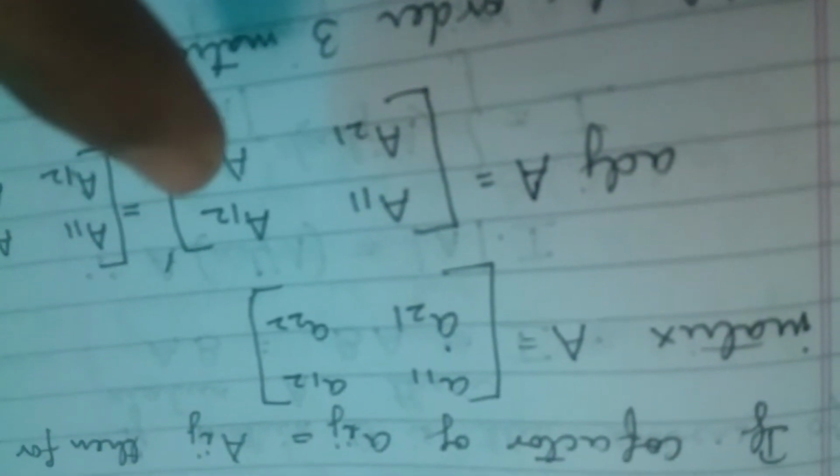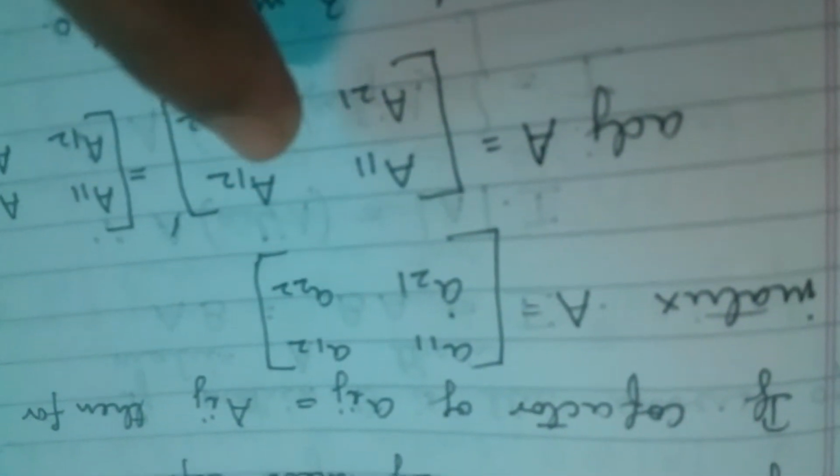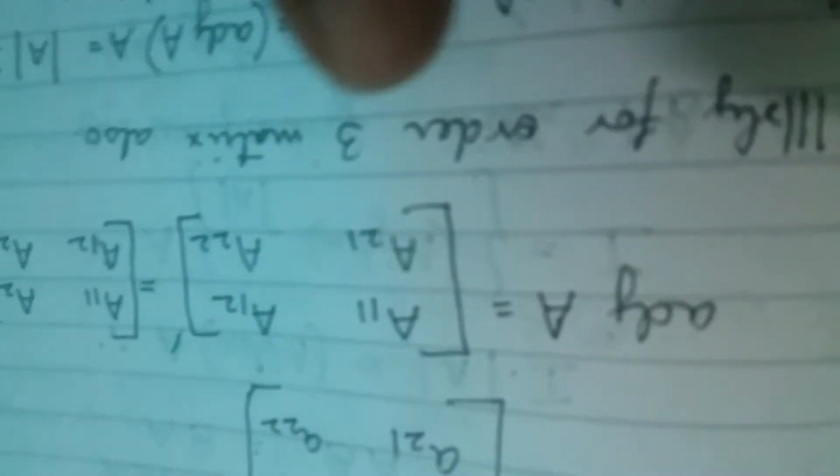Then transpose, as the definition says: the transpose of the matrix obtained by using the cofactors. Transpose everybody knows, interchanging rows with columns, so it will be A11, A21 and then A12, A22. This is the method to obtain the adjoint of a matrix, and the same process goes on for an order 3 matrix also.